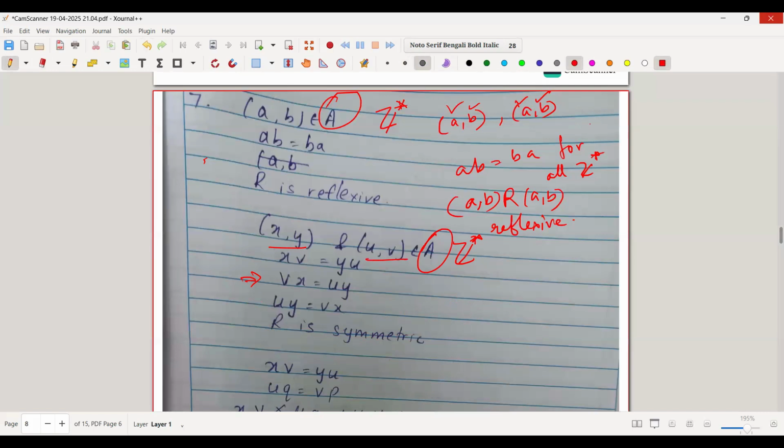So you don't need this one. You don't need that vx equal to uy. You need only this, yu equal to xv.